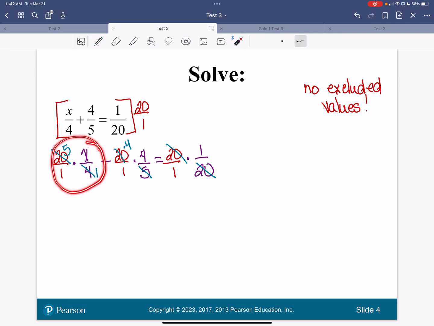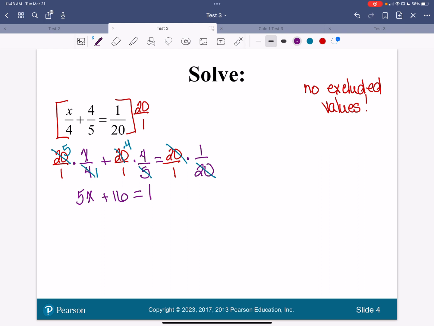So right here, what am I left with? 5x. And right here, I have 4 times 4. What's that? And then here, I'm left with 1.